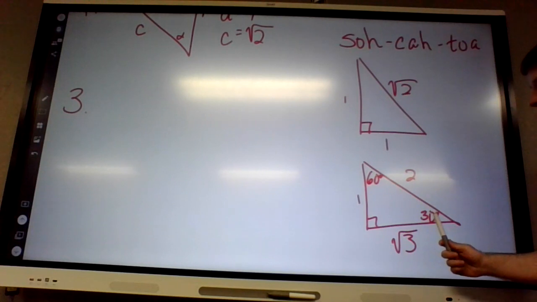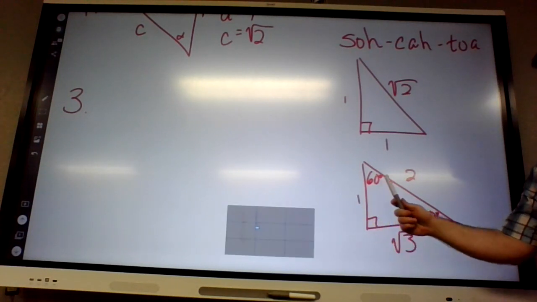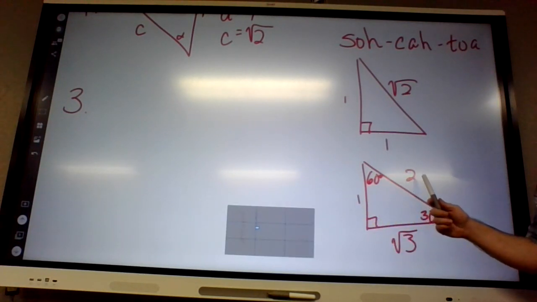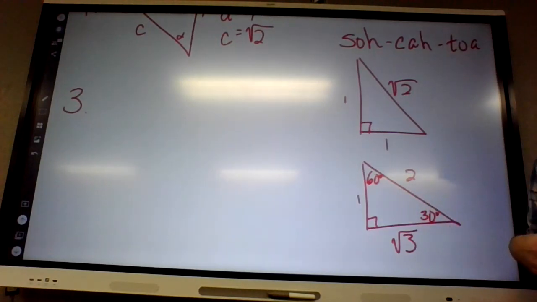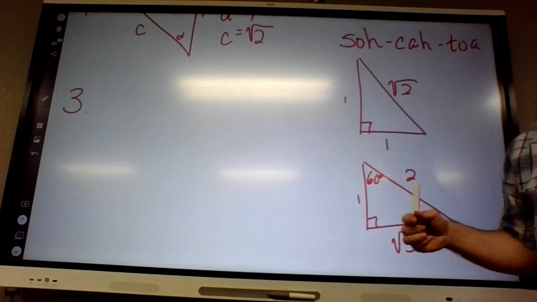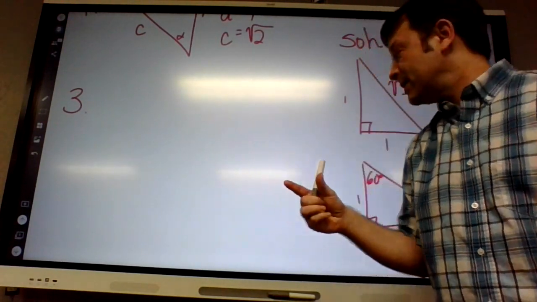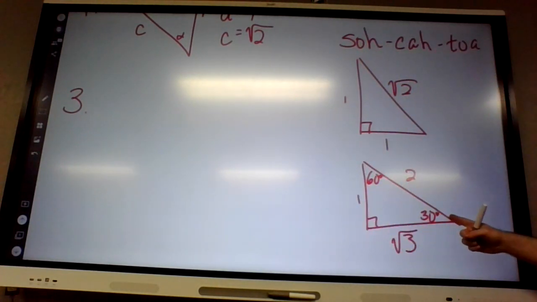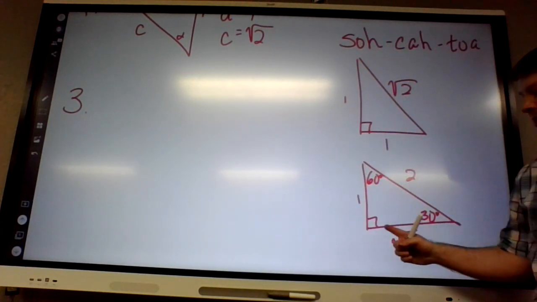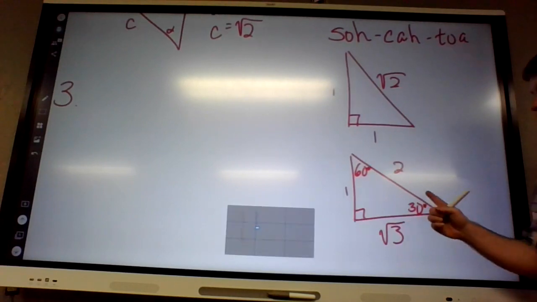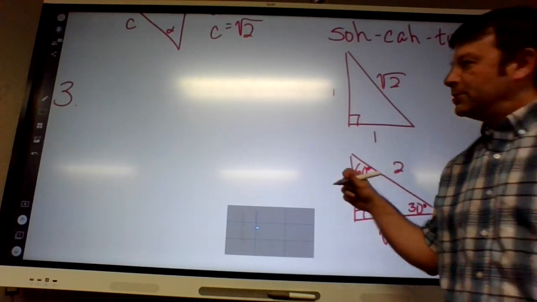So sine of 30 is opposite over hypotenuse, so it's 1/2, but they already filled that in, so I didn't have to do that one. Then it says cosine of theta, so cosine of 30 is what? Adjacent over hypotenuse, so it's just square root of 3 over 2.